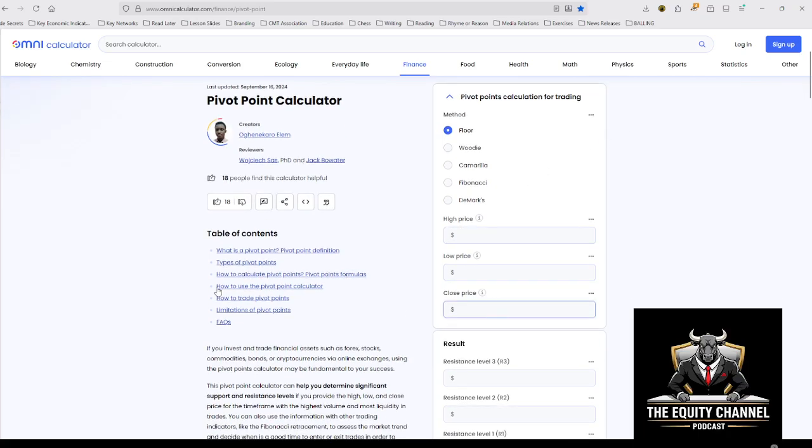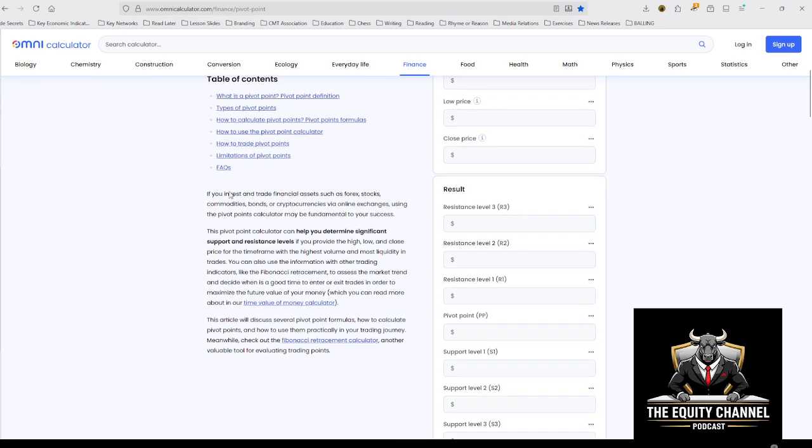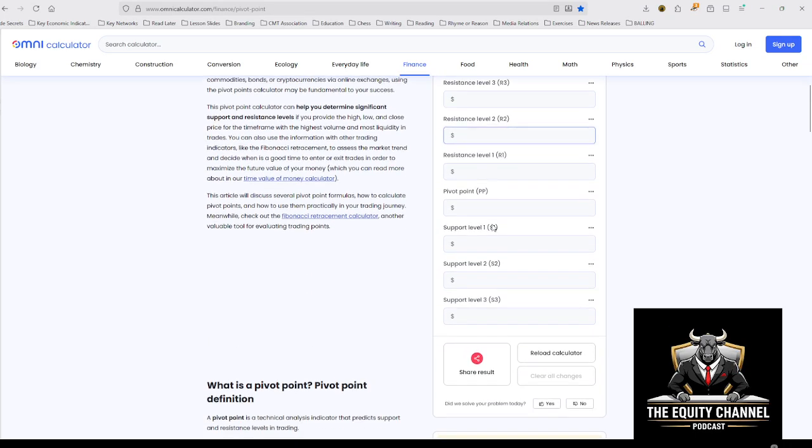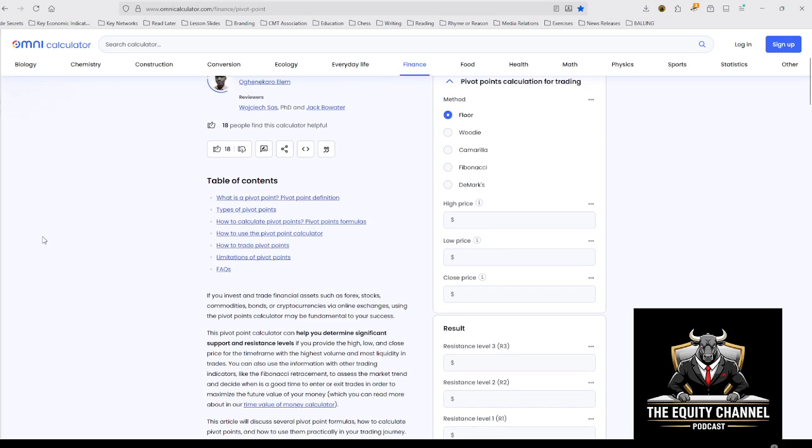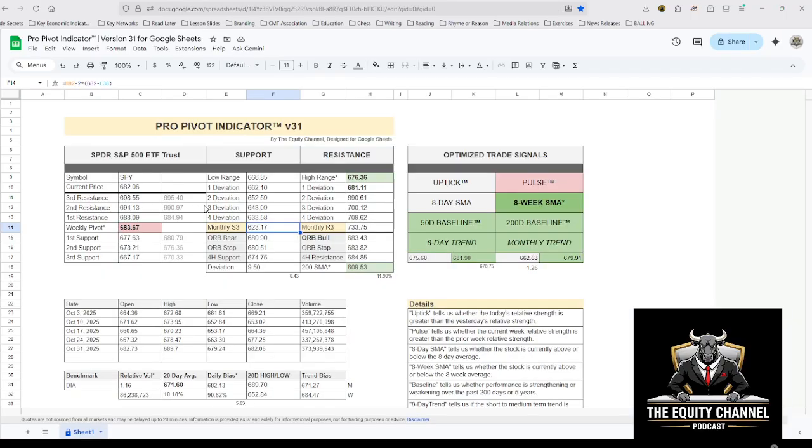And then you grab your R3 and your S3, and you plug them into your Fibonacci's like I'm about to do here. Right? The pro pivot indicator works really well for ETFs and for stocks and equities, right?